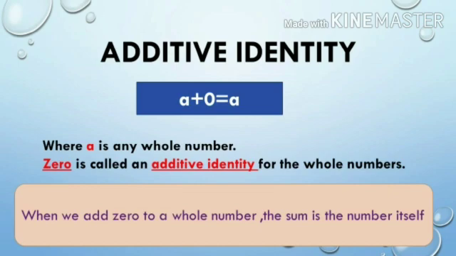Additive identity says that when we add 0 to a whole number, the sum is the number itself. Suppose a is equal to 2, and when we add 0, we get the same result, means 2. If we add 0 to 5, we get the same result, means 5.